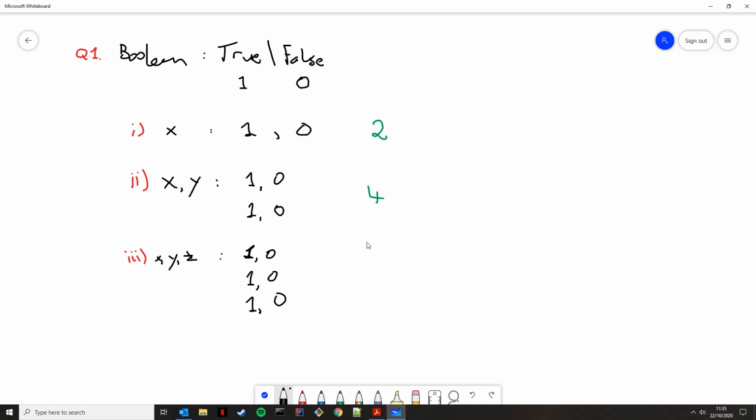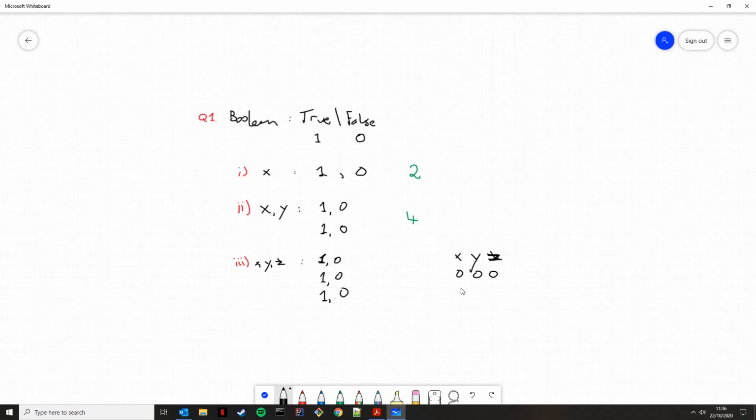Because when you're dealing with, let's write this out in terms of a table. So let's say we have x, y, z. So let's say x, you can have 0, 0, 0. So when they're all 0. You can have 0, 0, 1. Let's say z is 1. You can have 0, 1, 0.